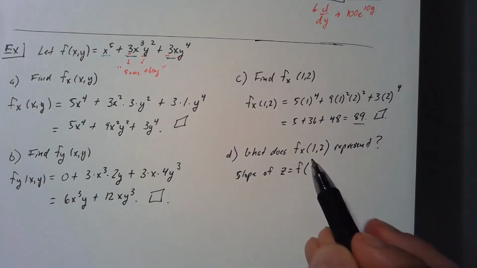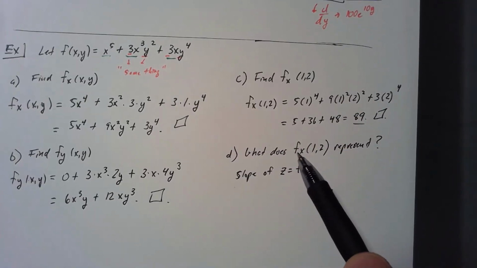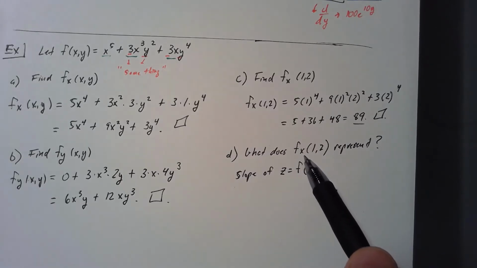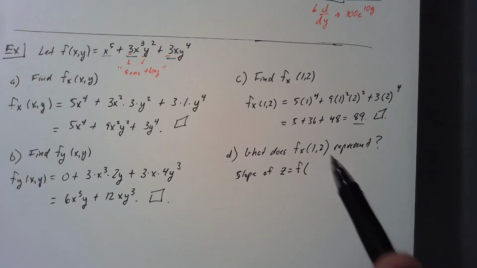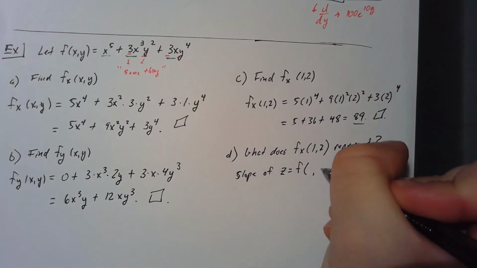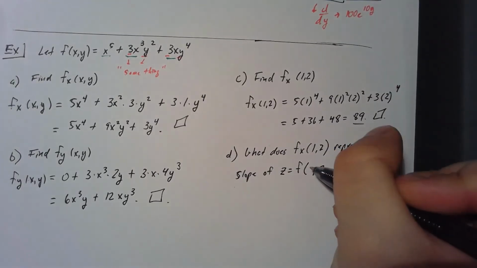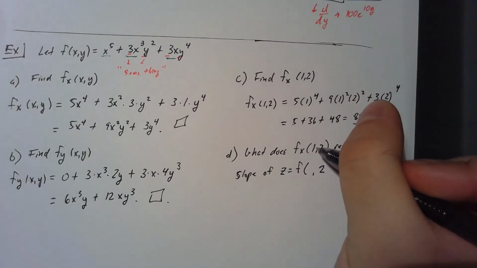So what does this represent? This is the partial derivative with respect to x. So that means y is being held constant. So the y coordinate is being held constant, but x is changing.